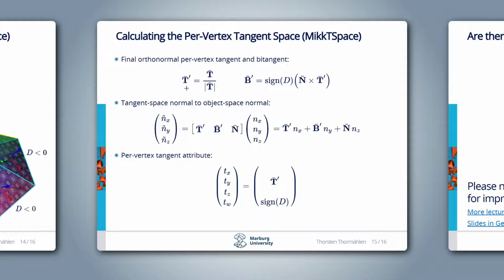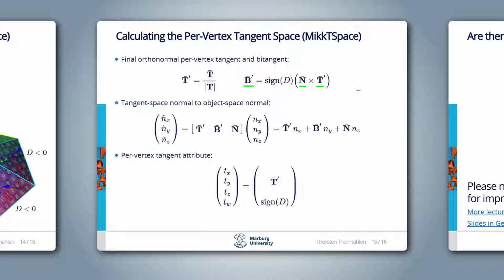We get the final orthonormal per-vertex tangent t bar prime by normalizing the computed average tangent t bar, and the final orthonormal per-vertex bitangent b bar prime by the cross product of n bar times t bar prime.